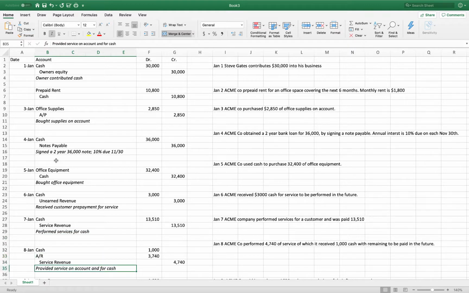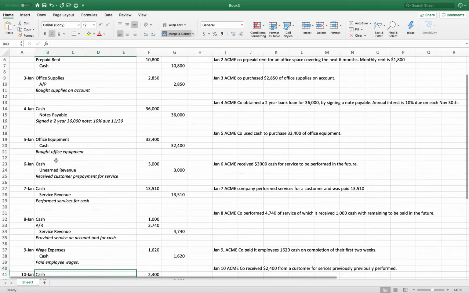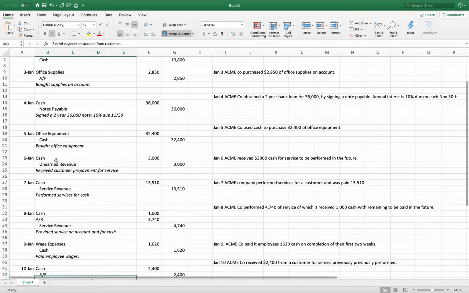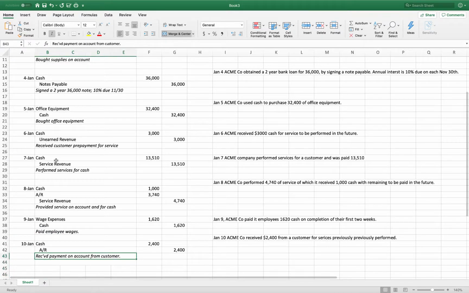We're going to see performing services on account, or provided services on account and for cash. We're going to see a transaction where we have to pay employee wages, and we're going to see transactions where we receive payment on account from a customer, meaning a customer owes us money, we have a receivable, we acknowledge that we received payment for that receivable, and the receivable is then satisfied.